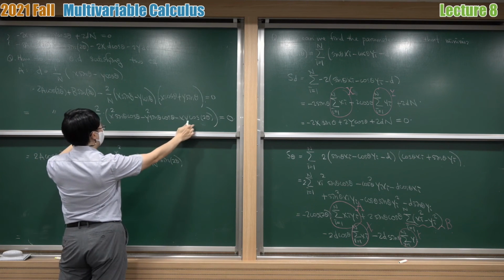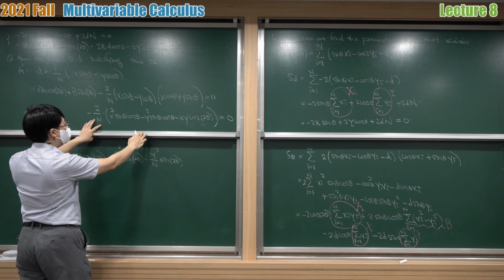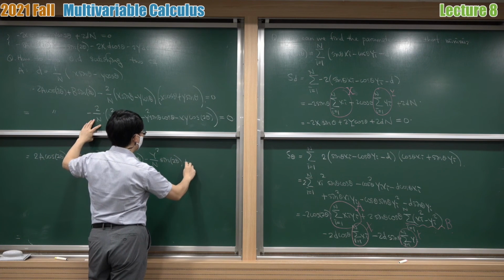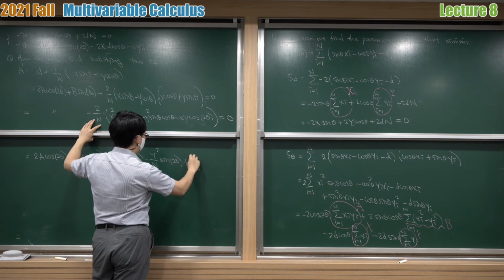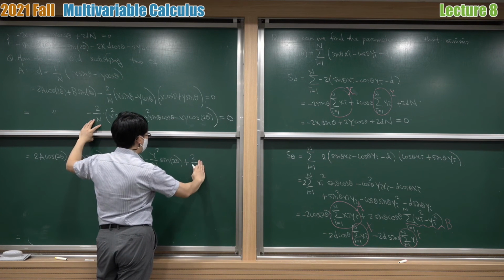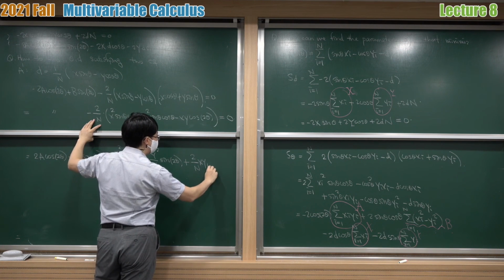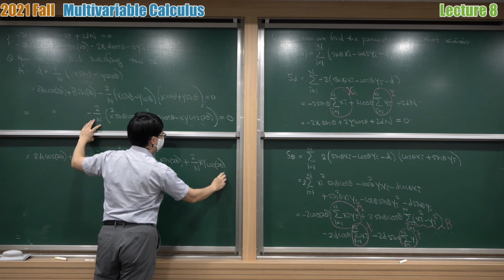Okay. And here we have plus 2 over n xy cosine 2 theta.